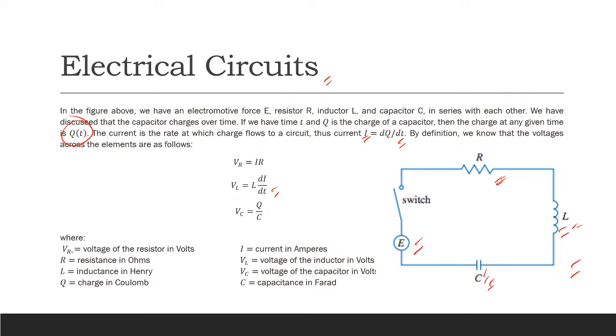So, wherein yung VR natin, voltage at the resistor, VL, voltage at the inductor, VC, voltage at the capacitor. R natin is the resistance in ohms. L is the inductance in Henry. Q is the charge in coulomb. I is the current in amperes. And C is the capacitance in farad. So, yan yung mga parameters natin.